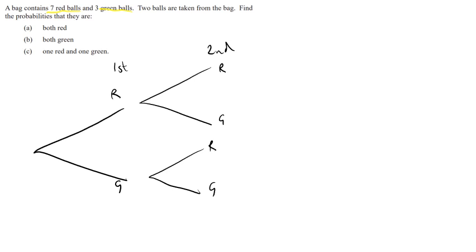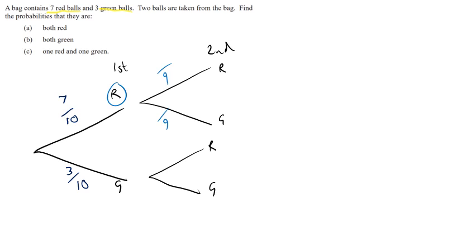After that, it's got 7 and 3, so that's a total of 10 at the beginning. So at the beginning, 7 are red and 3 are green. But then, I've taken out a red ball, which means in total, there's only 9 left.